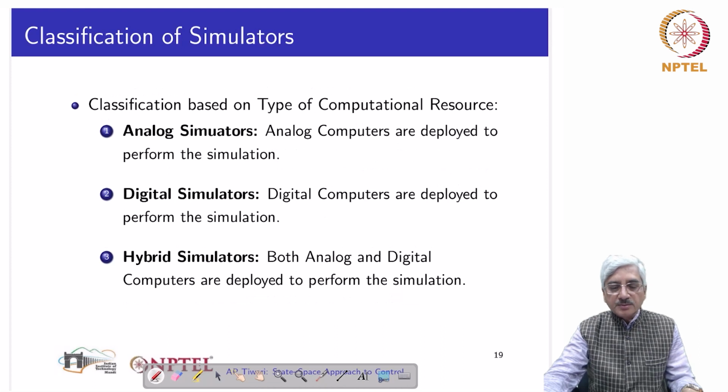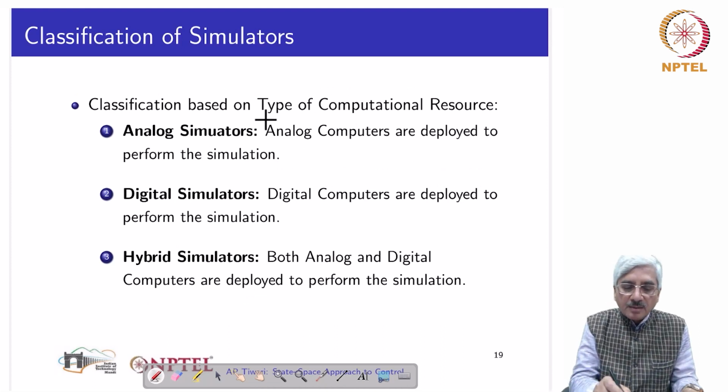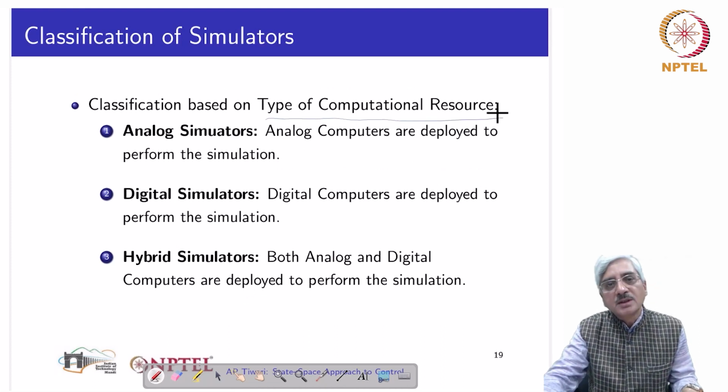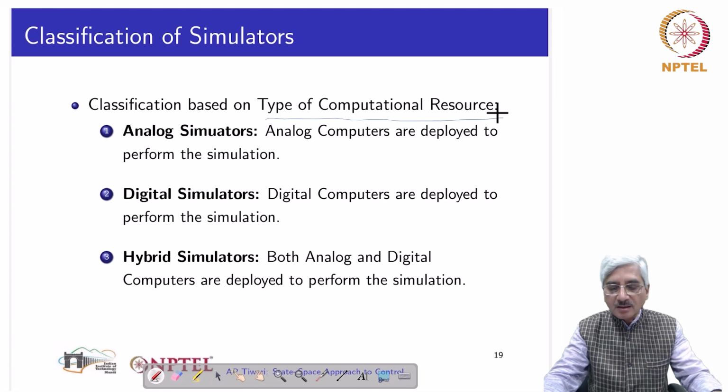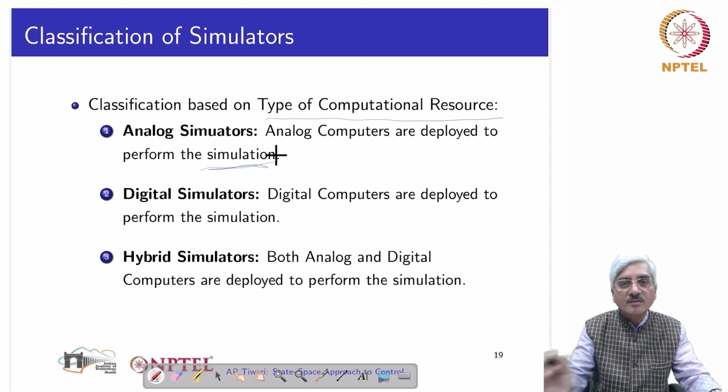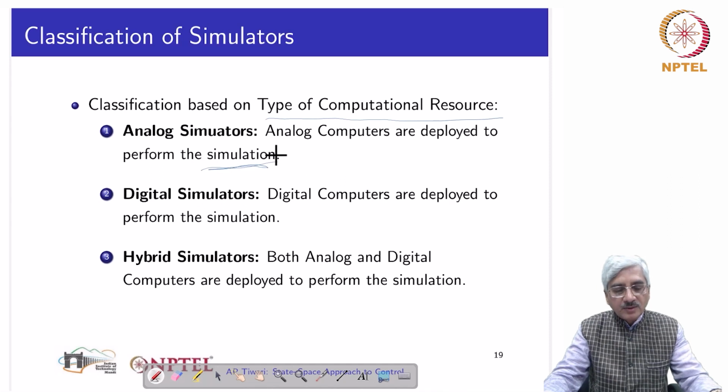Another classification is possible based on the type of computational resource which is used. We can have analog simulators in which analog computers are deployed to perform the simulations. These days, we generally don't use analog simulators, they are outdated.